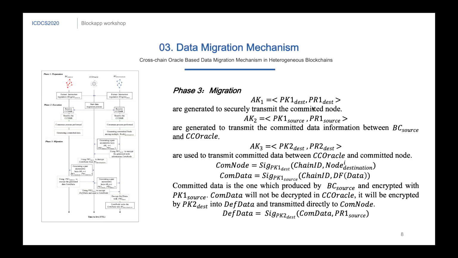And in this paper, we focus on how to achieve cross-chain interoperability in the context of data migration between two blockchains. We discuss the proposal of an interactive blockchain architecture between two heterogeneous blockchains and how each layer takes effect in data migration.